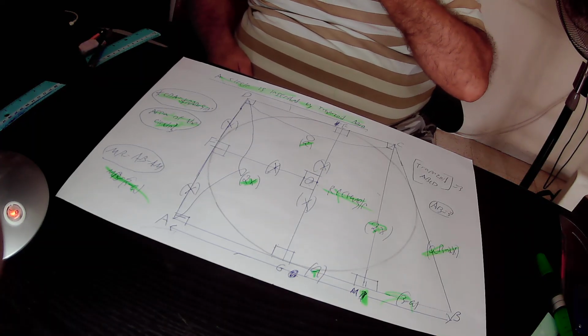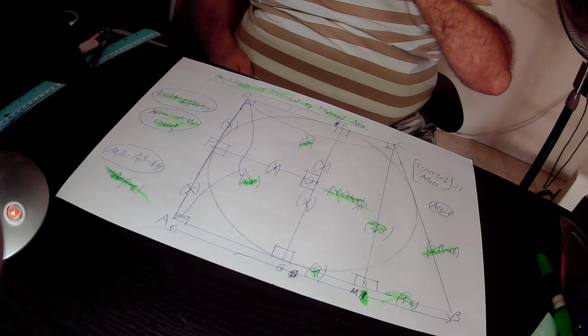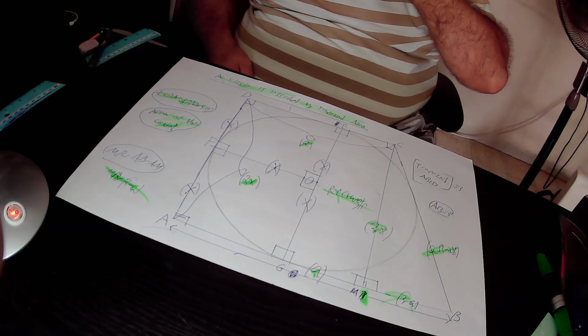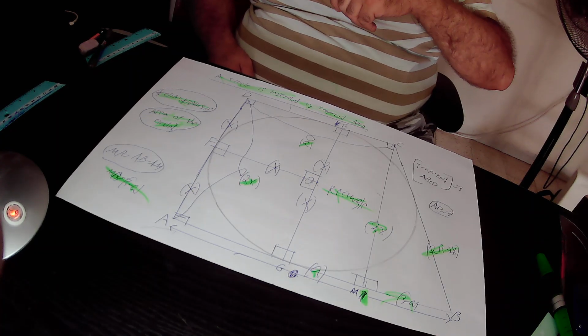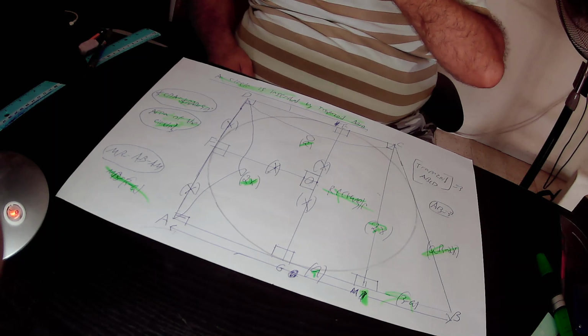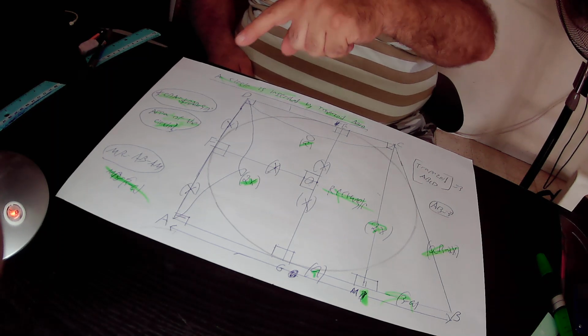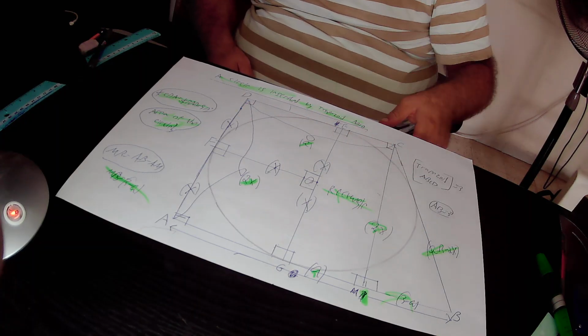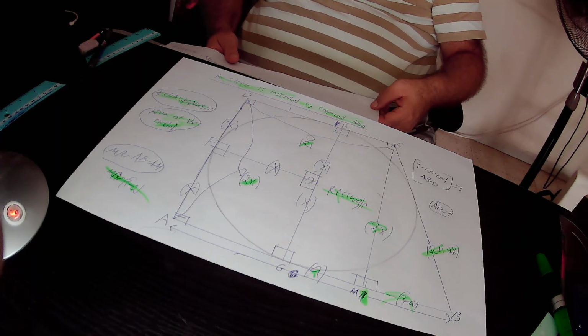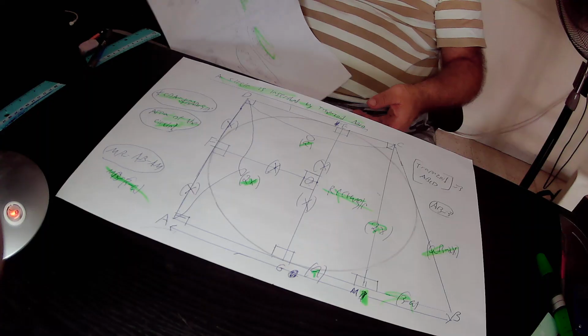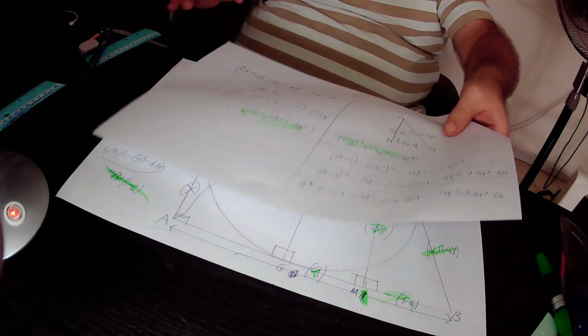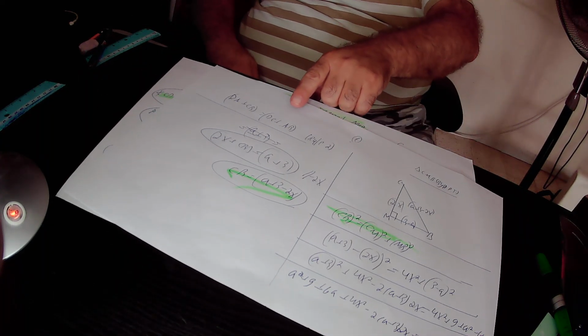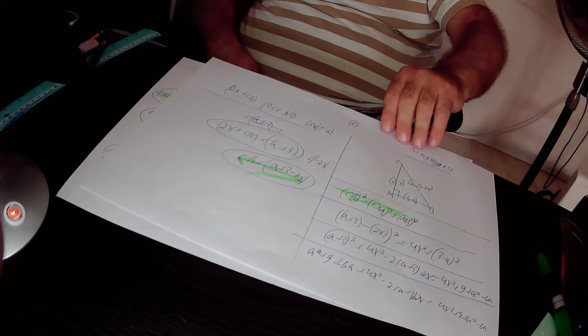In the next step, we already proved that DA plus CB equals DC plus AB.